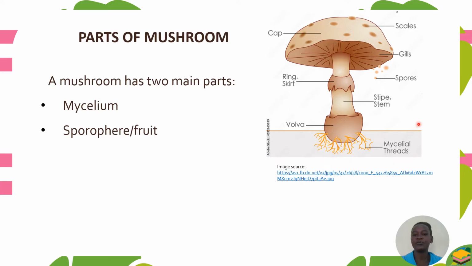If you can see from the picture here, the lower part is the mycelium we are talking about. Then the upper part, this whole upper part, is the sporophyte. Sometimes we call it the fruit.